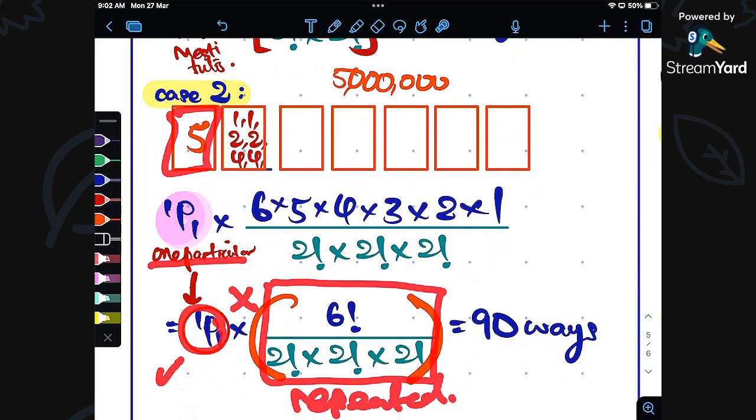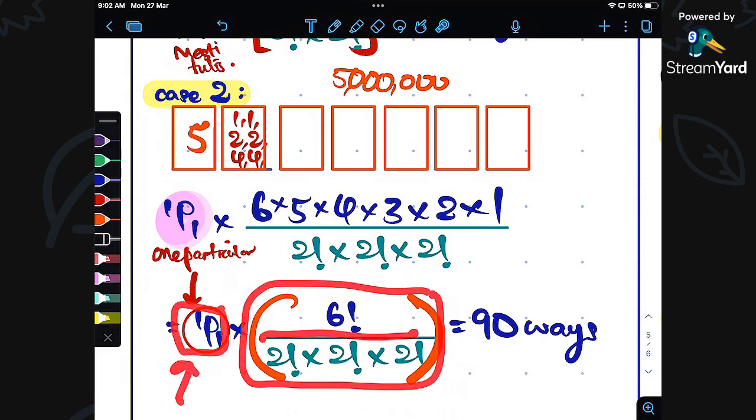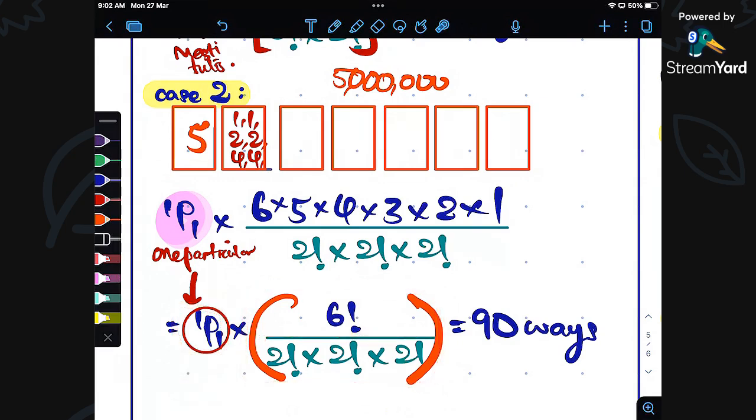Remember, the repeated object must be divided. If you have the same object, you gotta divide it. So this is totally a different concept from this one particular thing. That's why we put it differently. We put this as one thing and this is another thing. And then my answer is 90 ways.